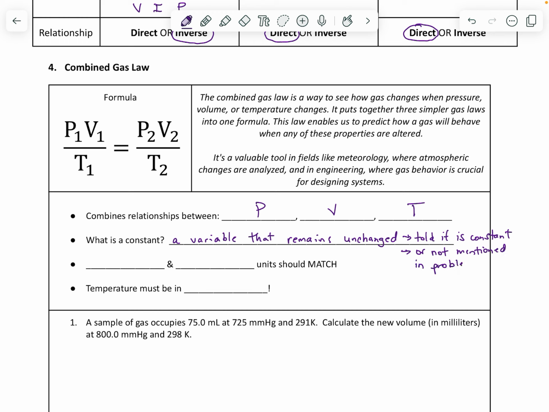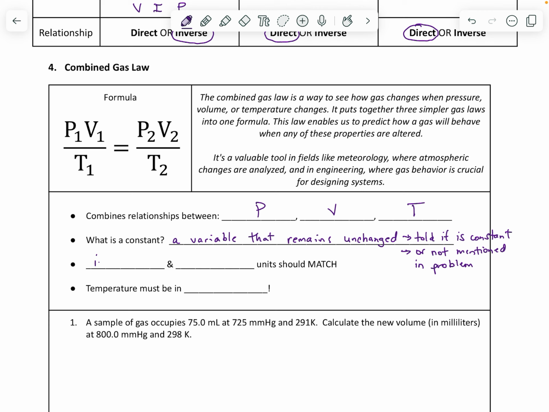All right, and we'll take a look at an example of what that means. But a variable that remains unchanged, we're either told that it's constant or it's not mentioned in the problem at all. And therefore, we can just eliminate that variable in our equation itself.